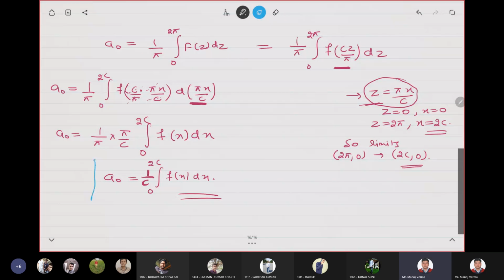Now in this case, if I insert c is equal to pi, it again becomes my same expression for a definite period. But for an arbitrary period, this expression of a naught will hold good, whatever be the magnitude of the interval. And of course, if the function is given not from 0 to 2c but from minus c to plus c, then also the same expression will hold.